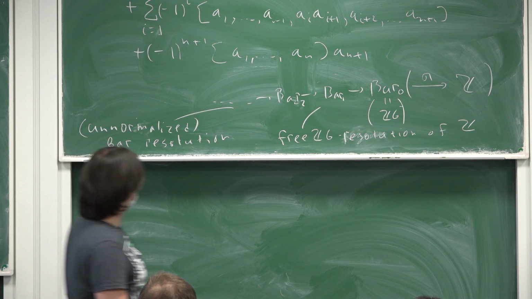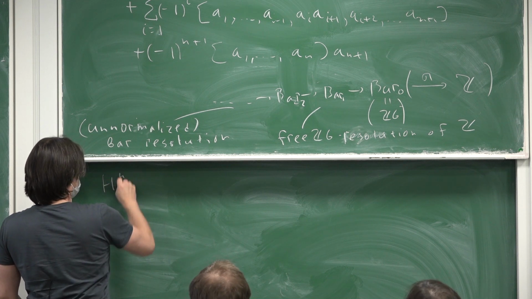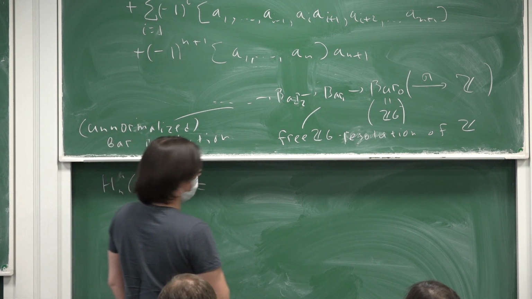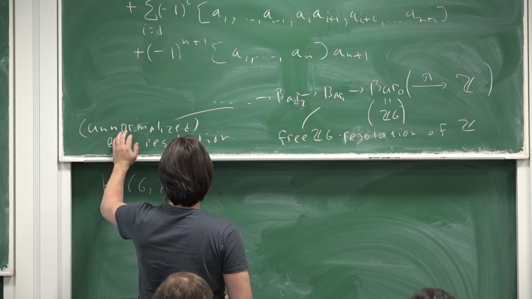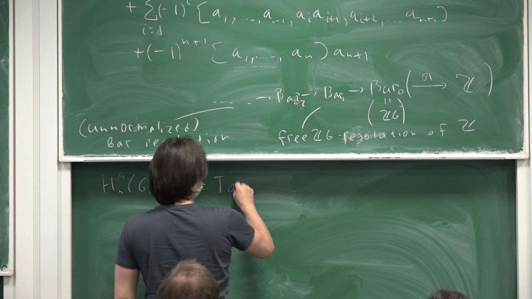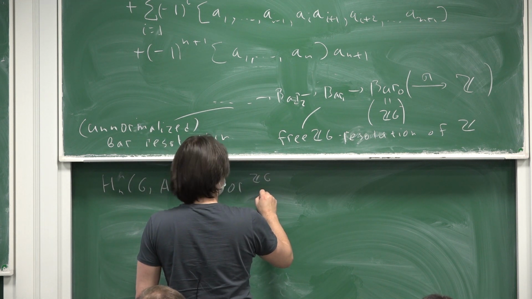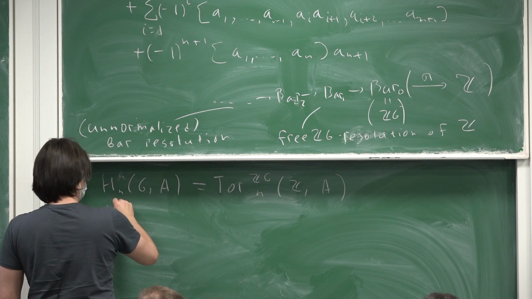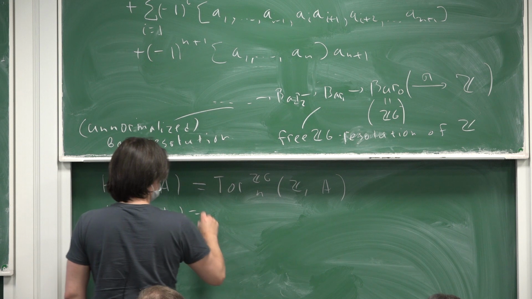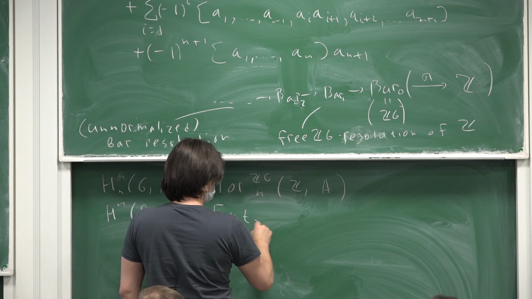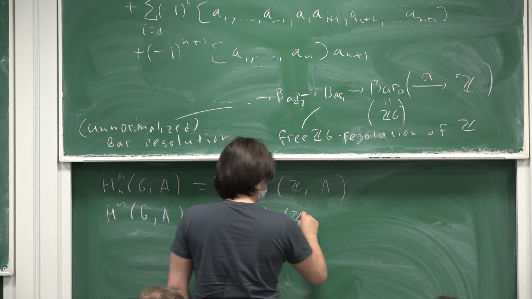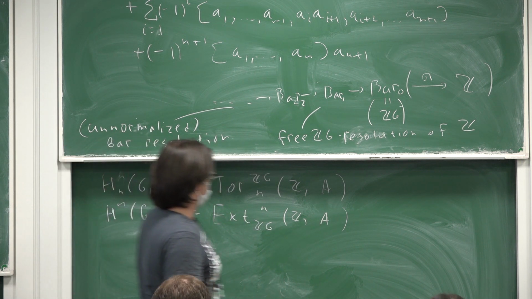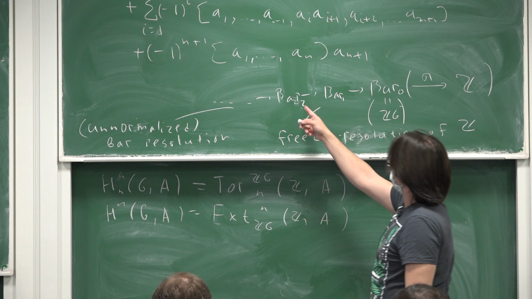First, I'll recall that Hn of G, A is by definition Tor over ZG from Z to A, and Hn of G, A by definition Ext over ZG from Z to A. So in other words, we can apply the tensor product to the bar resolution.